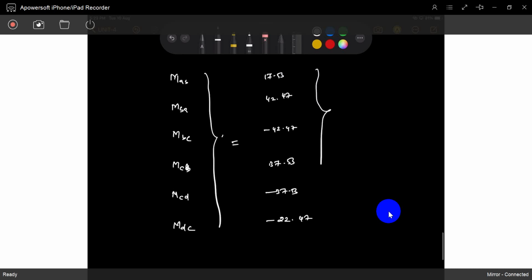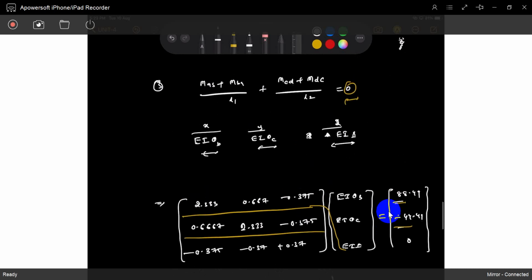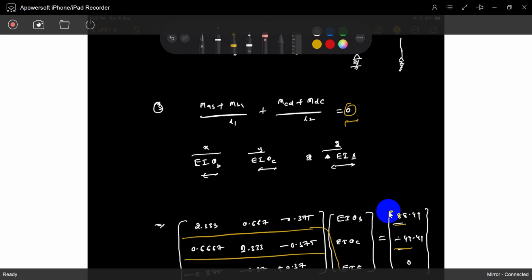These are the values. Okay. One extra thing is that we considered delta. To solve for delta, we need an extra equation. This is the extra equation, and that's the only thing in sway analysis.